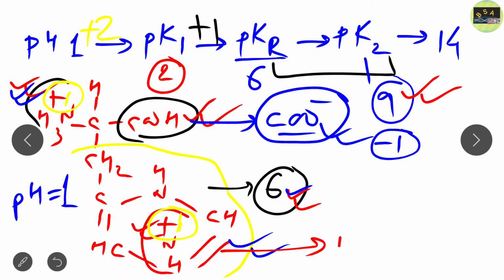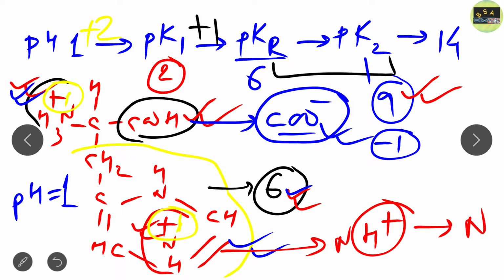From NH plus it loses its proton and remains only as N. It becomes neutral because at 9 its pKr value is 6, so deprotonation occurs and its charge becomes neutral. Clear?